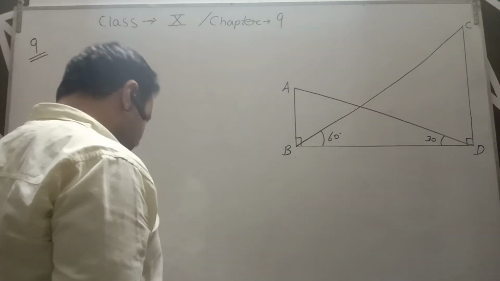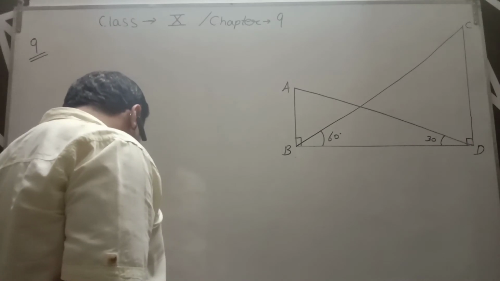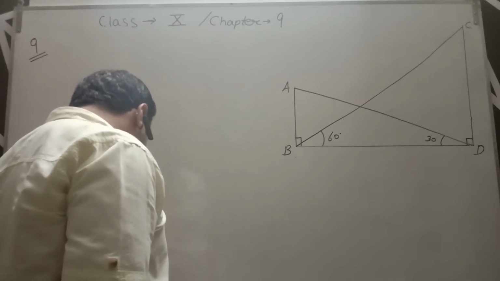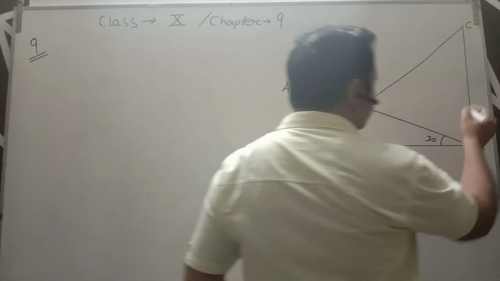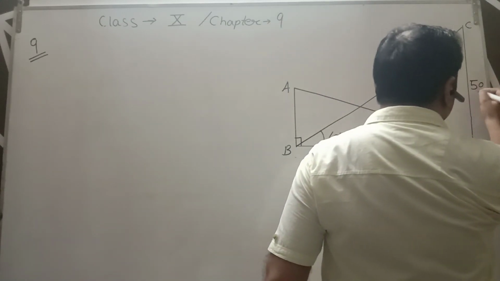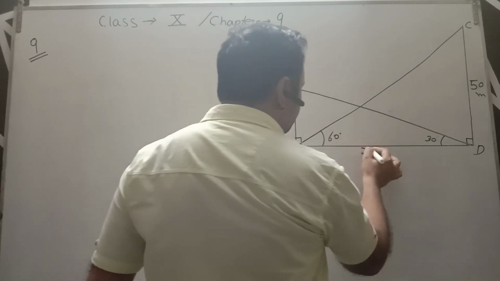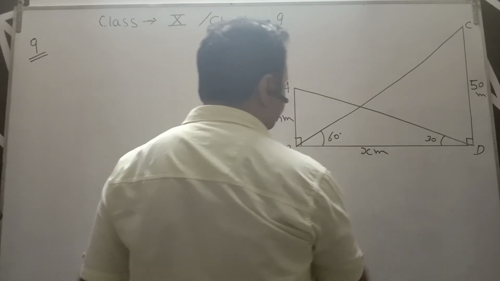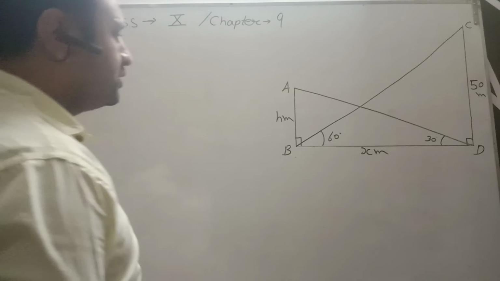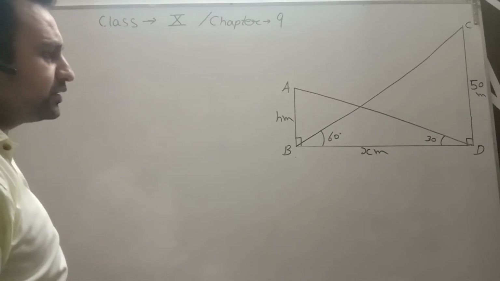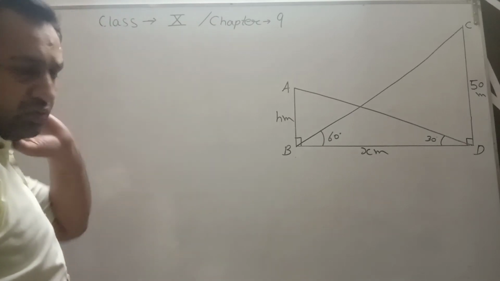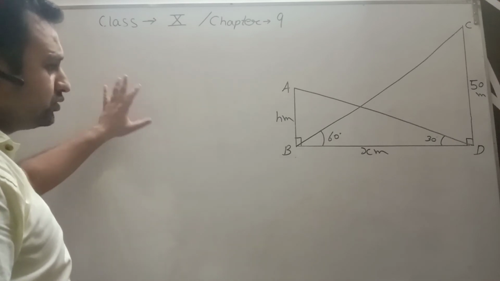Find the height of the building. In this question the height of the tower is given as 50 meters, and we have to find the height of the building, which we suppose is x meter. In the question two right angle triangles are given, so we divide the question into two columns.